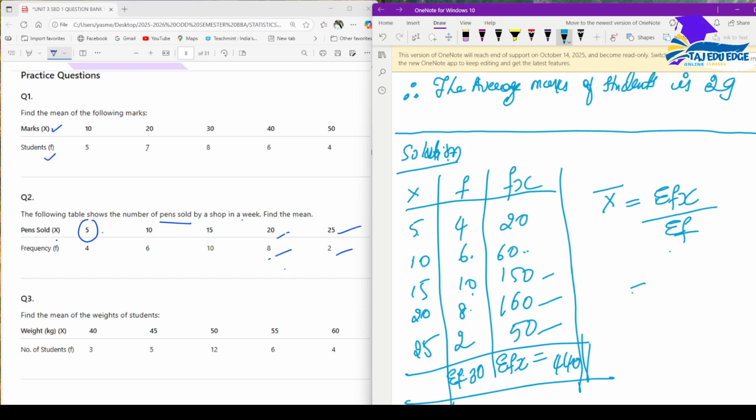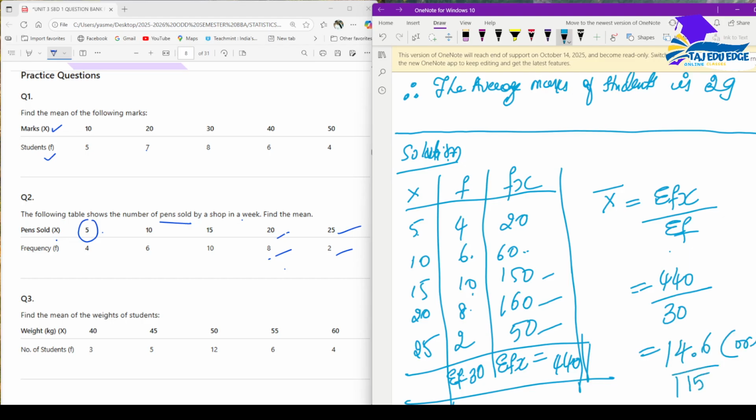So here summation of fx is 440 and summation of f is 30. So mean is 440 divided by 30, which is 14.6, or if we round up this figure, 15, correct?